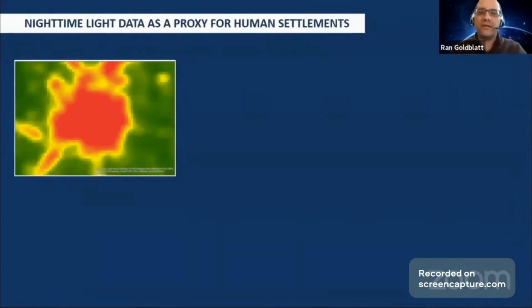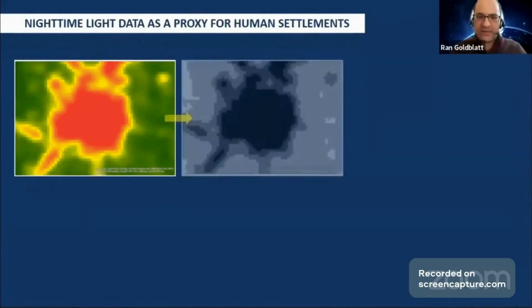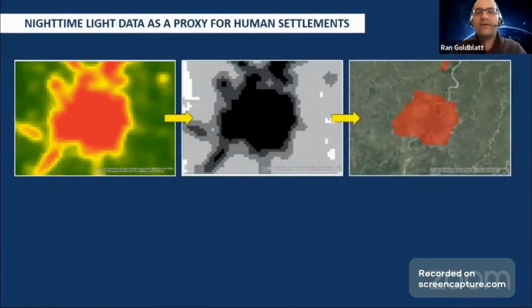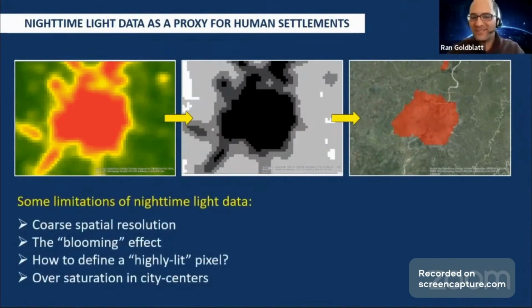When we're using nighttime light data to map human settlements and urbanization, we can categorize this data according to the DN value. And the idea is that we define a threshold. Any pixel that exceeds this threshold is likely to be urban. The question is, what is this threshold? How do we define a pixel as highly lit?